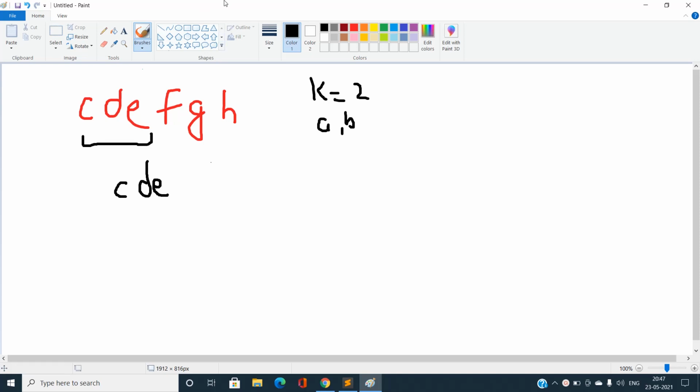Okay, now comes the major part. You can easily see, if I talk about this first character C, and I place a character A or B at this position, that is, a character whose ASCII value is strictly less than the ASCII value of the character at this index, then it doesn't matter what character we put in the positions between the I plus 1th position up to the mid position.